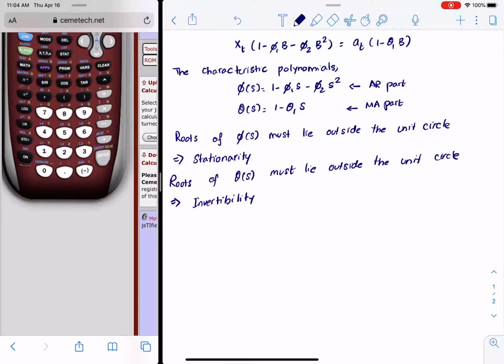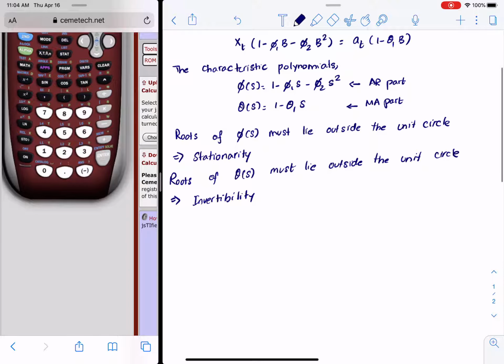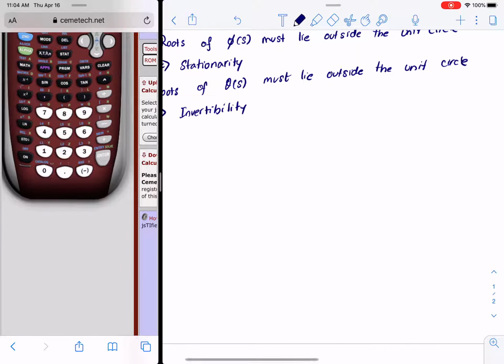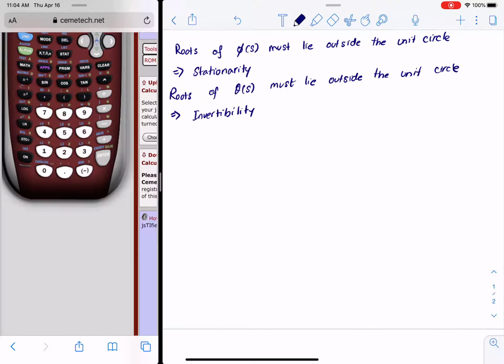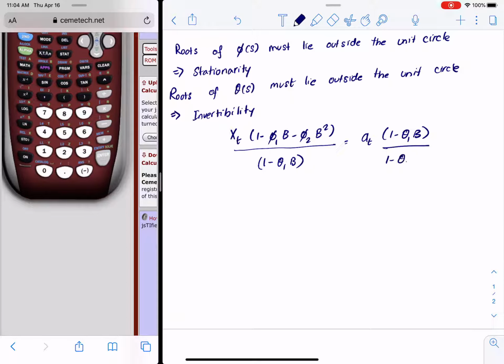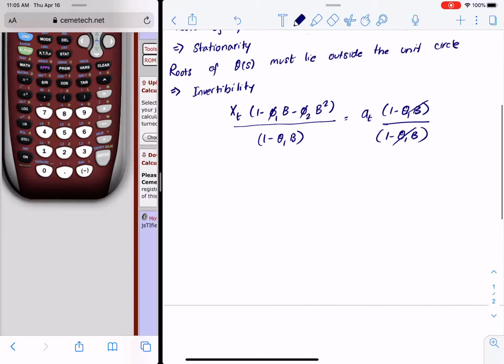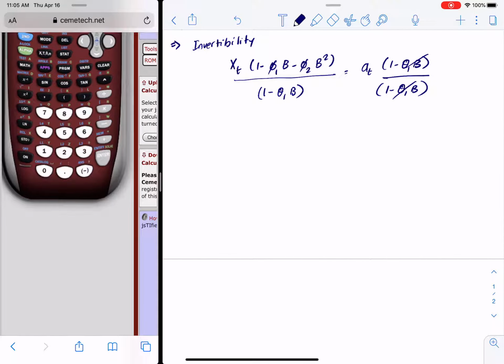So I'm going to divide both sides by 1 minus theta1 B. So those two terms would go away, leaving us with just the left hand side.